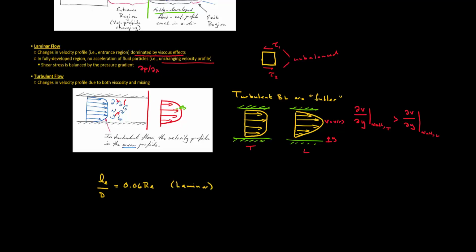So the entrance length divided by the pipe diameter is equal to 0.06 multiplied by the Reynolds number. On the other hand, for a turbulent flow, the entrance length is equal to 4.4 multiplied by the Reynolds number to the 1 over 6. And these are empirically found relationships.